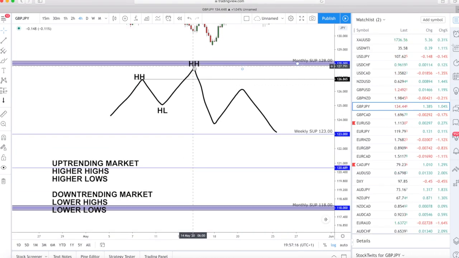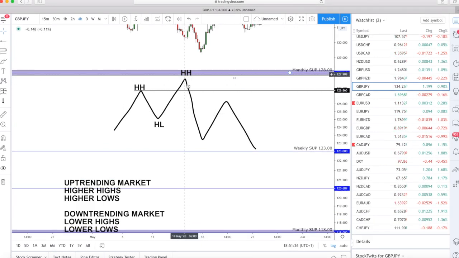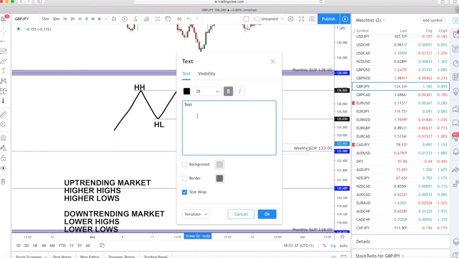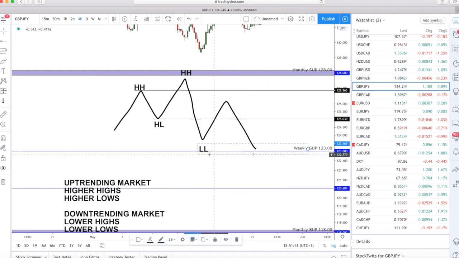So this area is taking out this previous high, so this here now is a new higher high. Then what price did is it came down, and you can see this was the last higher low, and it's broken that. So this uptrend is now invalid, and we're now downtrending. So this here will then be a new lower low.